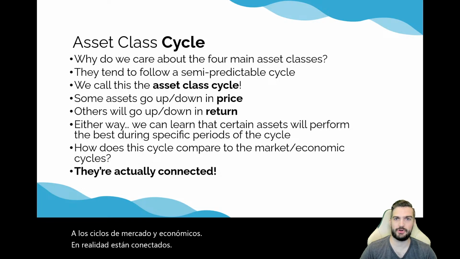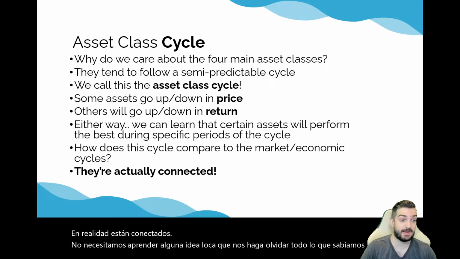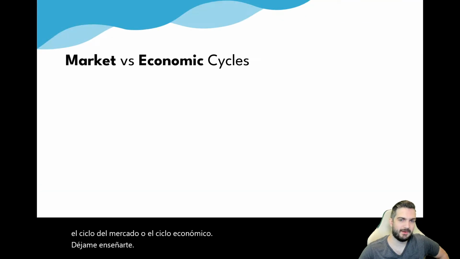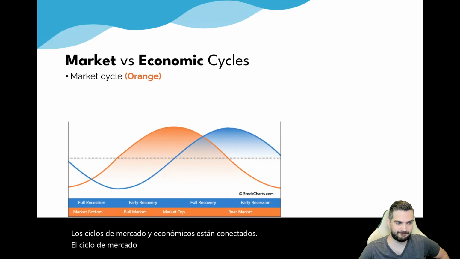We don't need to learn some crazy new idea that's going to make us have to forget everything we knew about the market cycle or the economic cycle. Let me show you. The market and economic cycles are connected. The market cycle on this graphic is in orange.